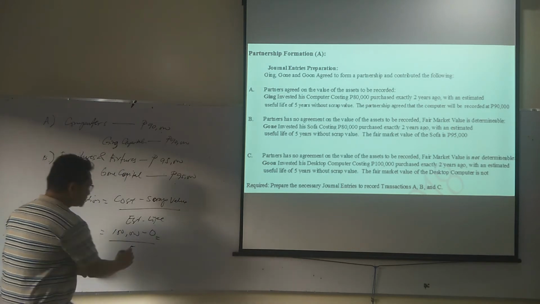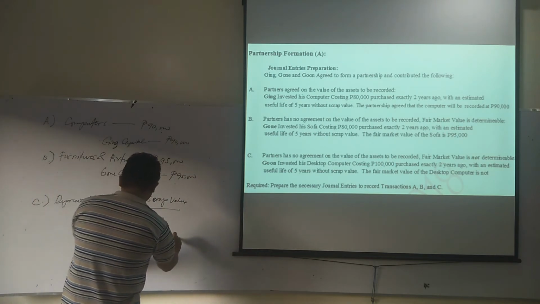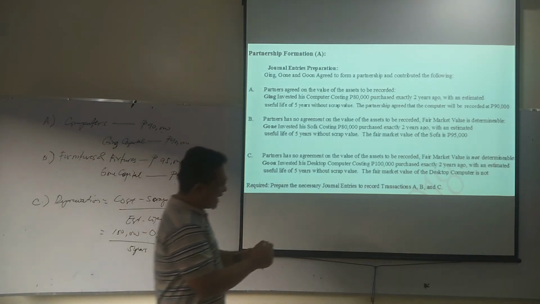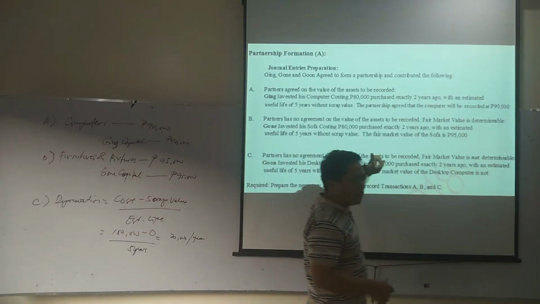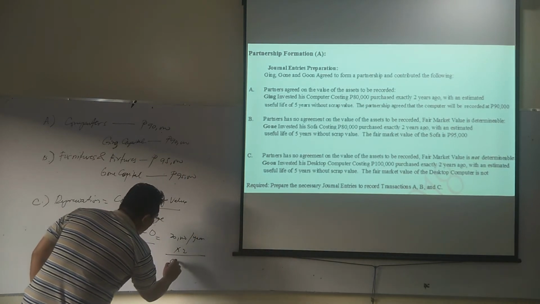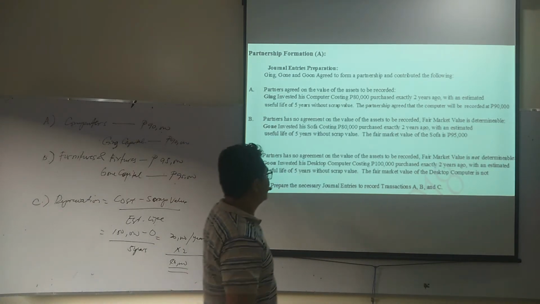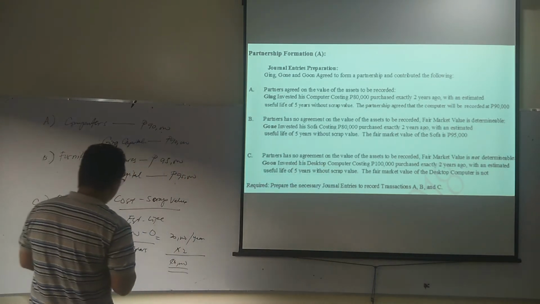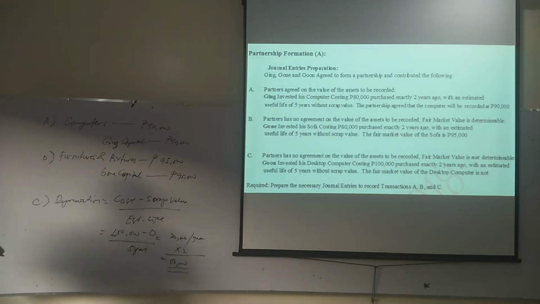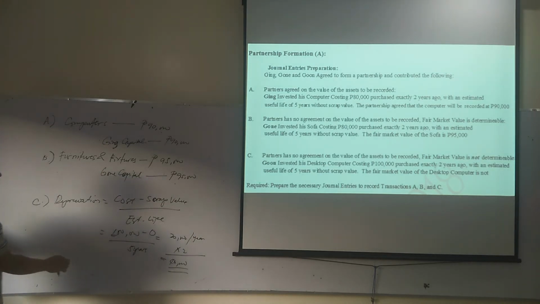So that means this asset is to be depreciated 20,000 per year. If this asset was purchased exactly 2 years ago, that means 20,000 times 2 years. So 40,000 is already the expired portion of this desktop computer. So that means 100,000 less 40,000. So we will record letter C for 100,000 minus 40,000, 60,000.